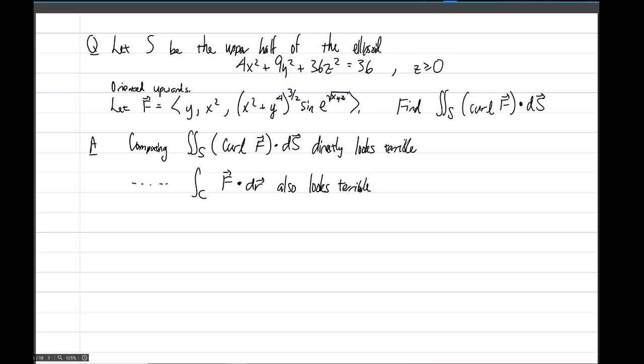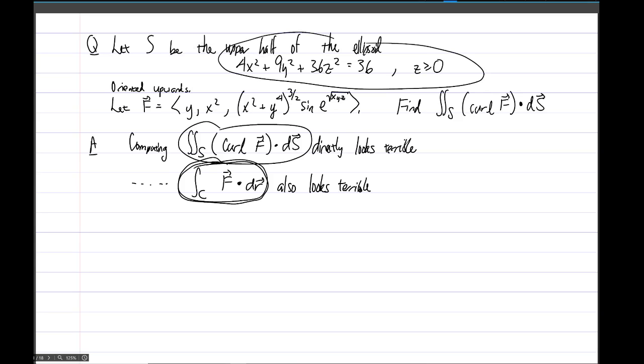So instead of that, what Stokes' theorem tells us we could do is apply Stokes' theorem and pick a new surface. What surface would be nicer to deal with that has the same boundary as the previous surface described up here?